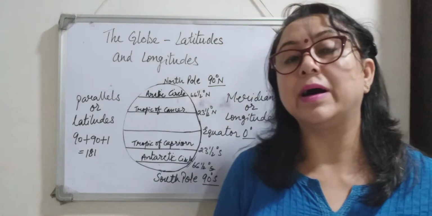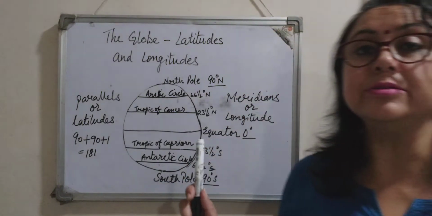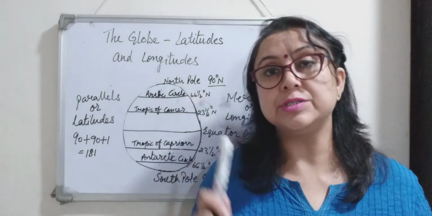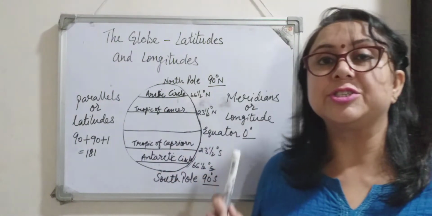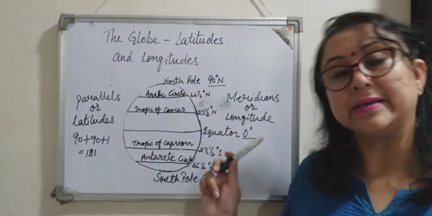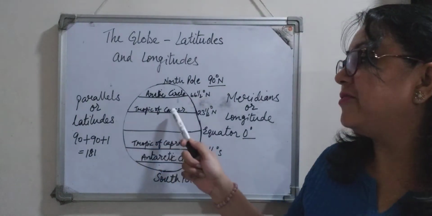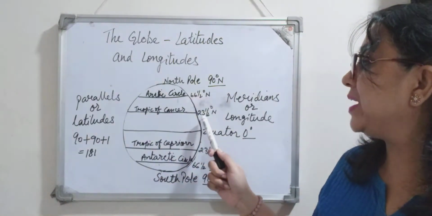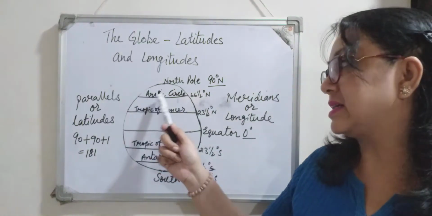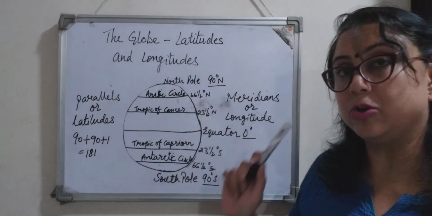Next, let us know about the important parallels, that is the important lines of latitude. So as it is equator, very important, it's the center line which divides the earth into northern hemisphere and southern hemisphere. And what is the measurement? It's 0 degree, right? Then comes Tropic of Cancer, which lies at 23.5 degree north, and Arctic Circle, which lies at 66.5 degree north.